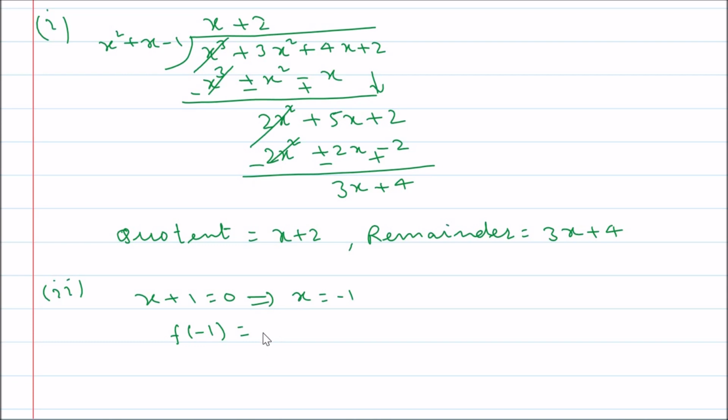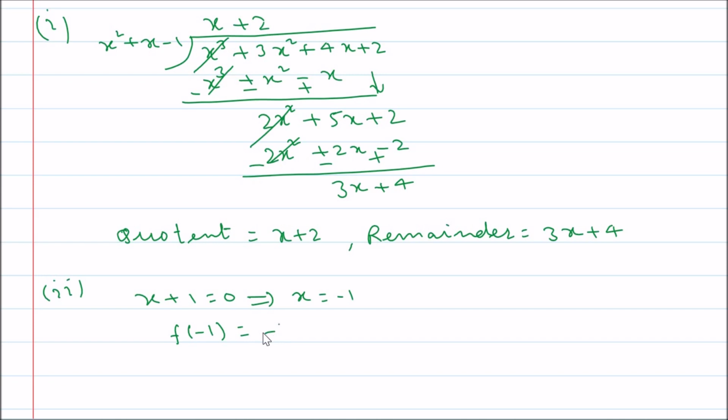Let us check what we are getting. x cube there, so 1 cube plus 3 into 1 square plus 4. We have to put x equal to minus 1, so not 1.